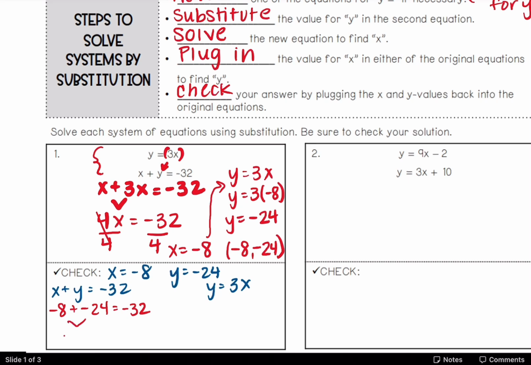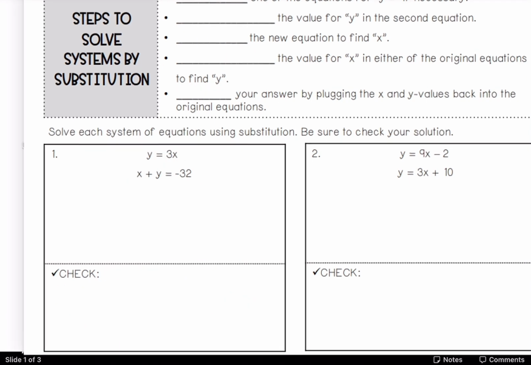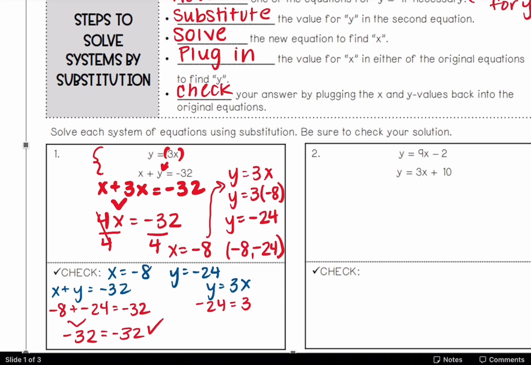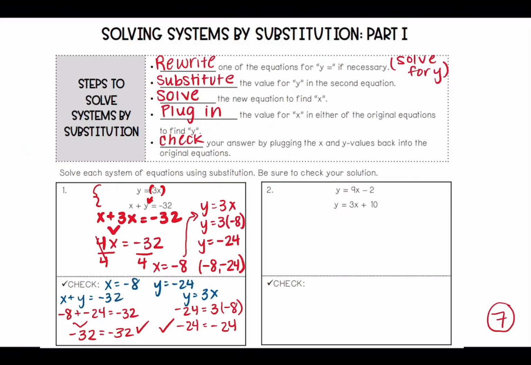I have to make sure that it does, in fact, work out with a true statement. So here, yes, when I do negative 8 plus negative 24, I do get negative 32, thankfully. And then my next equation, negative 24, does it equal 3 times negative 8? It does. Negative 24 equals negative 24. So I am correct.